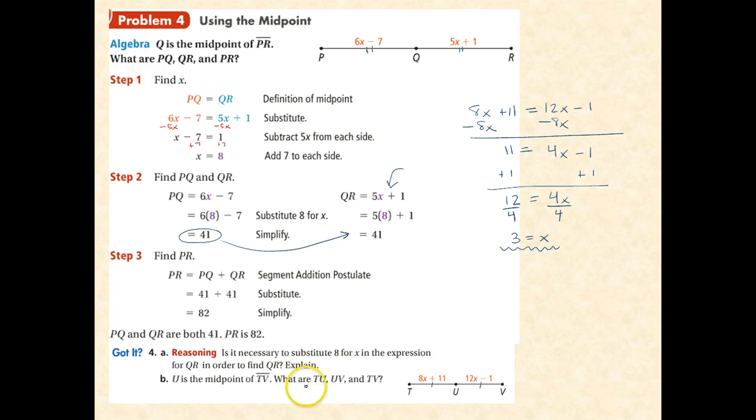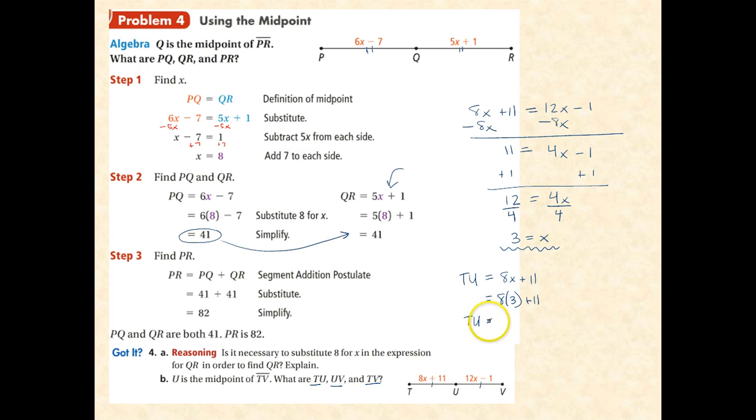But we're not done because they asked us what's TU, what's UV, and what's TV. Alright, now this is going to be easy because we only have to plug x in once. So I'm going to plug x into the expression for TU. TU is 8x plus 11. So that's 8 times 3 plus 11.